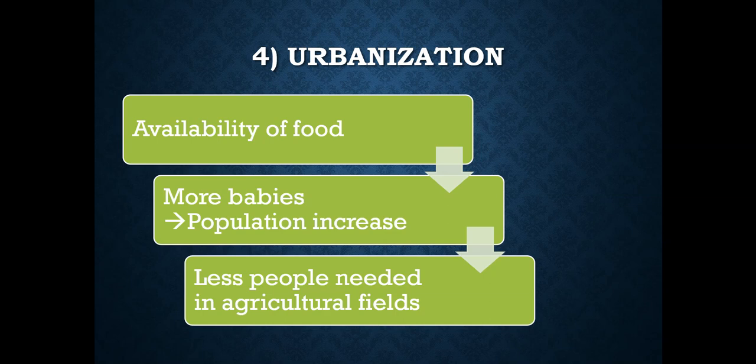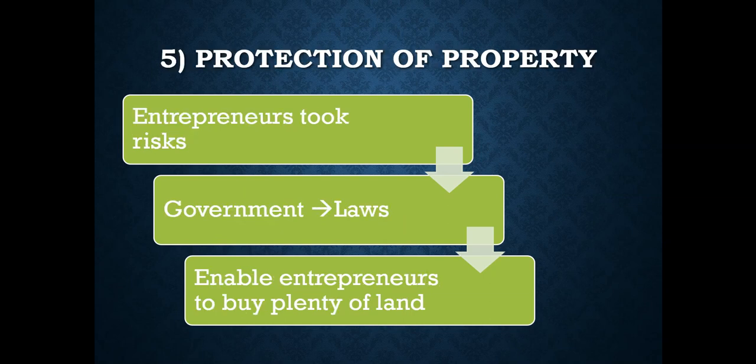And the end result was an increase in population. Fewer people were needed in the agricultural fields, so all of those newborn babies were becoming part of the city. And the city was really important, and we're going to look at it in another few slides, because there was basically work in the cities for people.